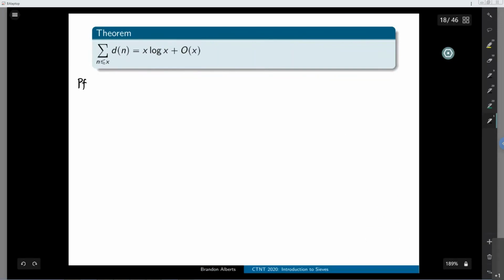All right. So just to recall, divisor function. Oh man, I might have to restart this app. This happens sometimes. All right. Hold on a second, everybody.